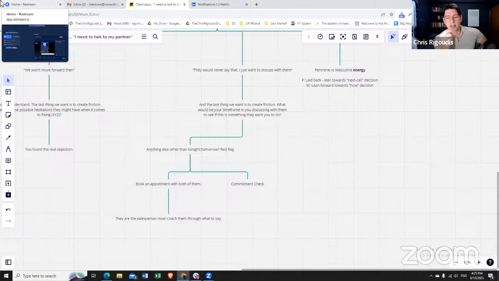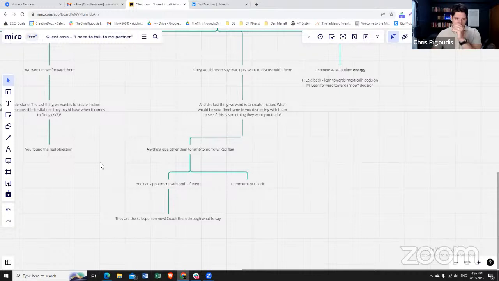I want to use that tonality. I want to pause to allow the voices in their head to unpack a little bit, let the fight or flight mode decrease in their minds, so they open up and give me the real reason, which typically is going to be money or fear.